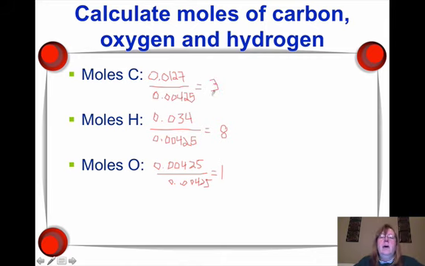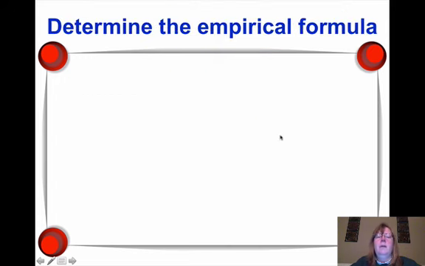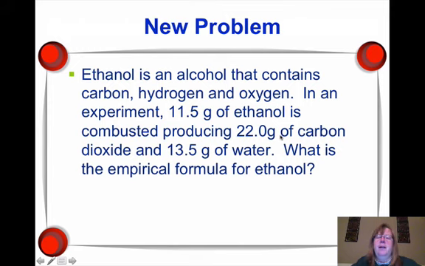Okay, so these were nice and close to whole numbers, so we rounded. And so our empirical formula for isopropyl alcohol is C3H8O. Now, if we had the molar mass, we could find out if the empirical formula was the same as the molecular formula, and I believe that it is. But we weren't given a molar mass in this problem. All right, so we got the empirical formula.